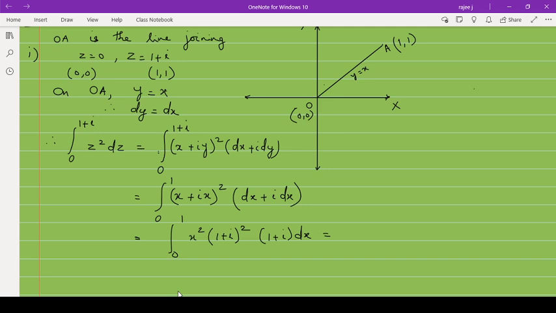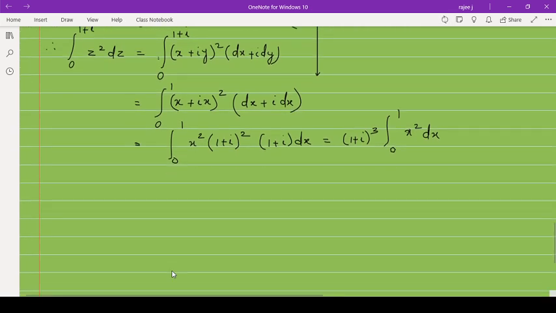So it is (1 plus i) the whole cube common, integral from 0 to 1 of x square dx.